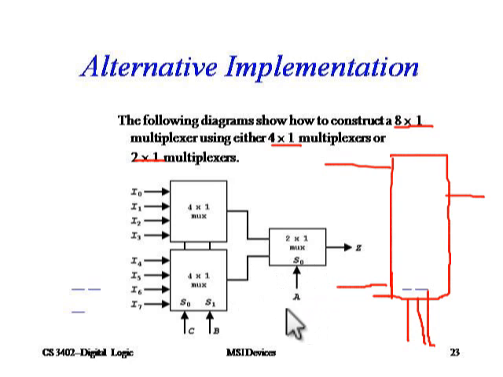So whenever it is 0 0 0, I will be getting I0. Whenever it is 0 0 1, at that time I will be getting I1.